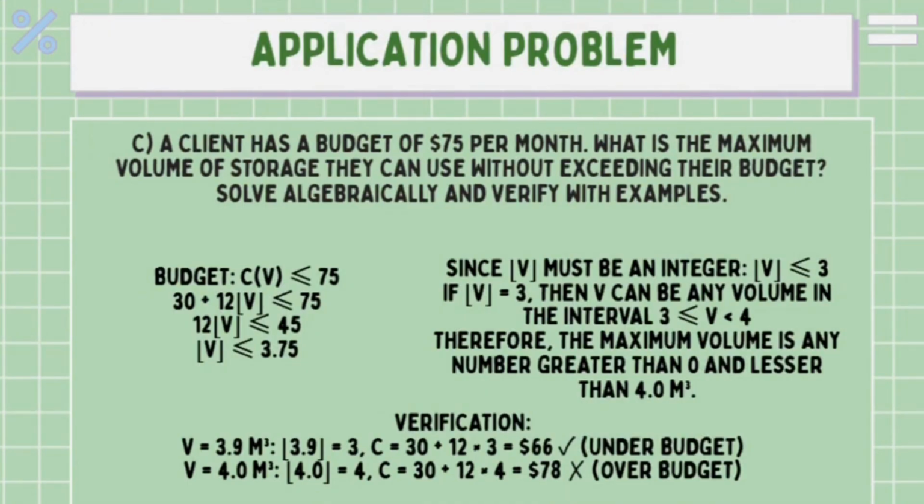When volume equals 4.0 cubic meters, the floor function of 4.0 equals 4, and the cost is 30 plus 12 times 4 equals $78. Because $78 is greater than $75, it is over budget. These two examples help verify that the maximum volume is any number greater than 0 and less than 4.0 cubic meters.